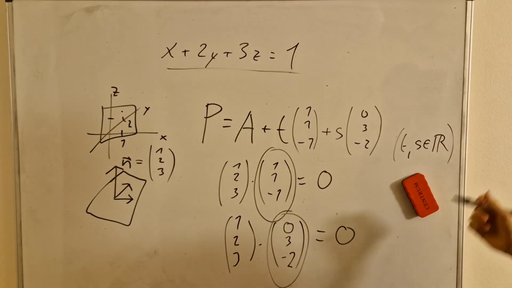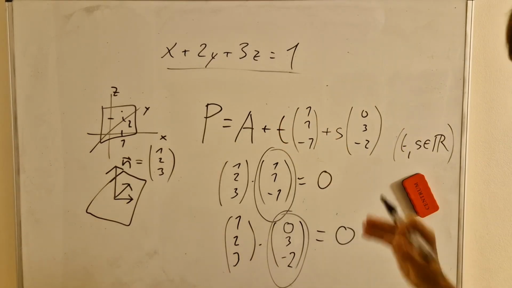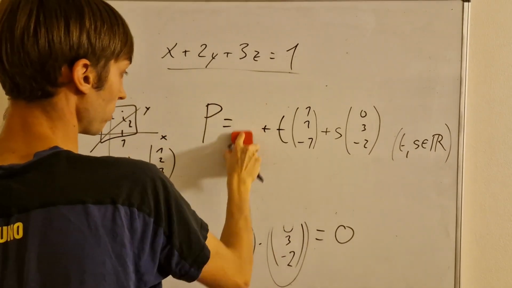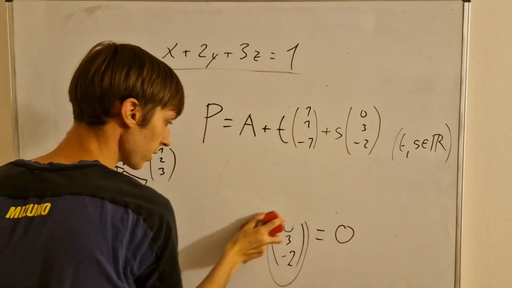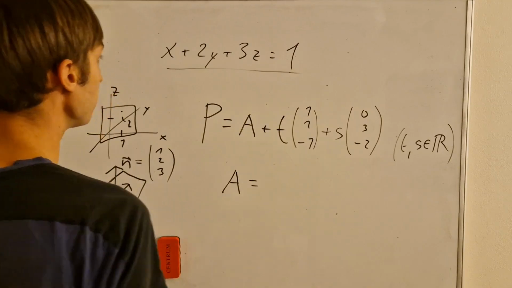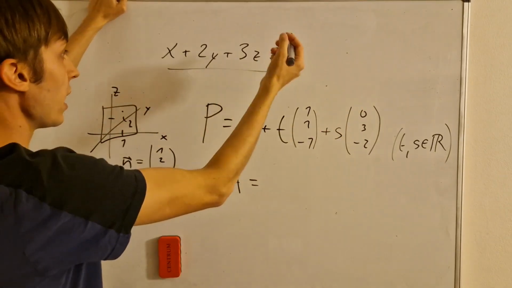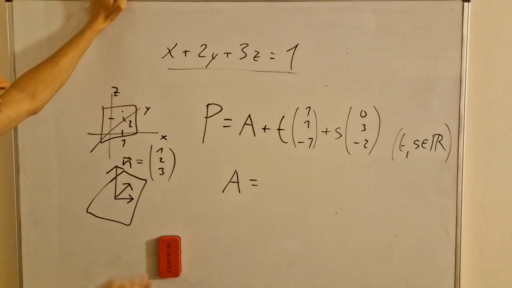So they're real numbers. And one last thing that's actually easier than one might think is to get the A. So we need a point that's on the plane. I'll keep it there until we get that point. So all we need for that is to know any point on the plane. And any point is easy to get. We can always use that basic idea from the beginning, plug in two values and get the third value, as we did before.